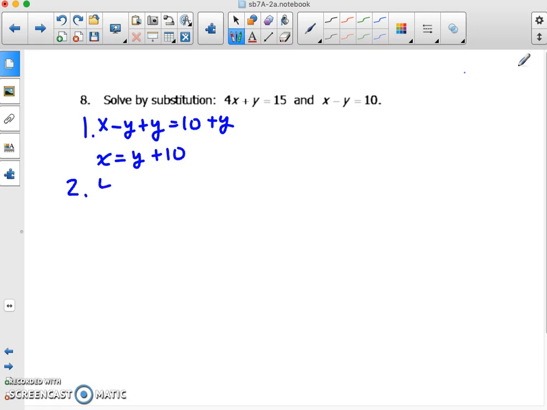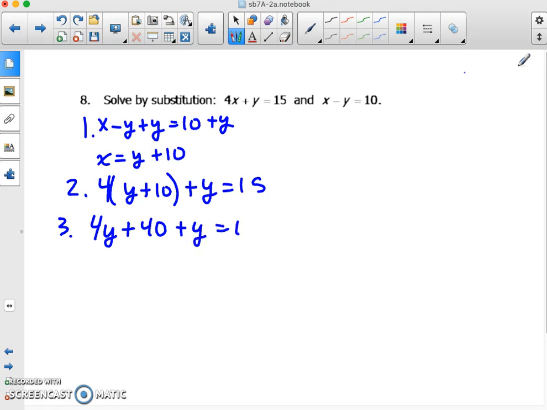So then the first equation was 4x plus y equals 15, so now it's going to be 4 times y plus 10 plus y equals 15. Step number 3 is now solving. So 4y plus 40 plus y equals 15. 4y plus y is 5y plus 40 equals 15.